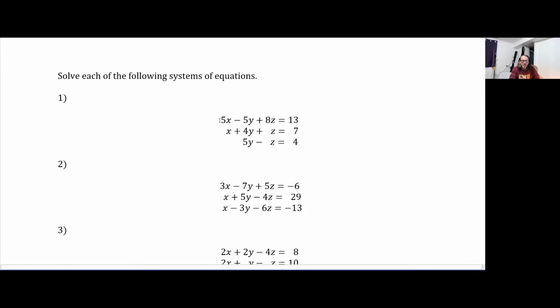Notice in this first example that the first two equations have y, but the third one does not. What I'm going to do is pick the first pair, equation 1 and equation 2, and eliminate x.